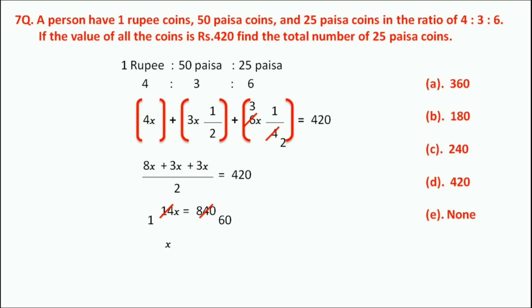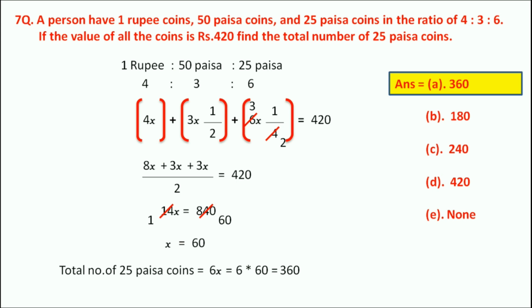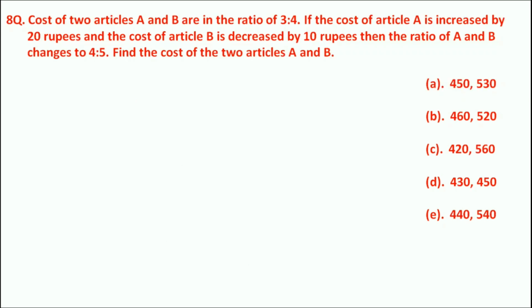Then we get x is equal to 60. Total number of 25 paisa coins is equal to 6x, that is 6 multiplied with 60, 6 60s are 360. Therefore number of 25 paisa coins is 360.